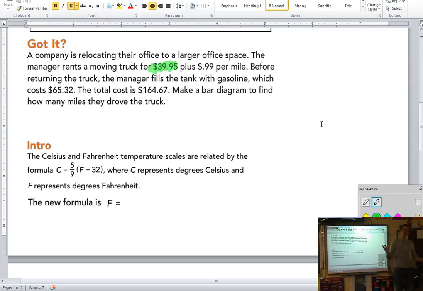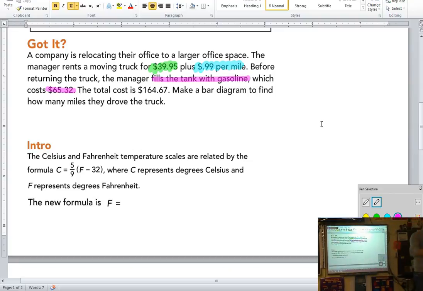I'm like, okay, that's fine. I'm driving your vehicle. You're going to charge me for it. They charge 99 cents per mile. And then they say, by the way, before you bring the truck back, you've got to fill it up with gas. I'm not making this up. This is how it really works. If we gave you the truck full of gas, you've got to give it back to us full of gas. So when we do that, that costs $65.32.